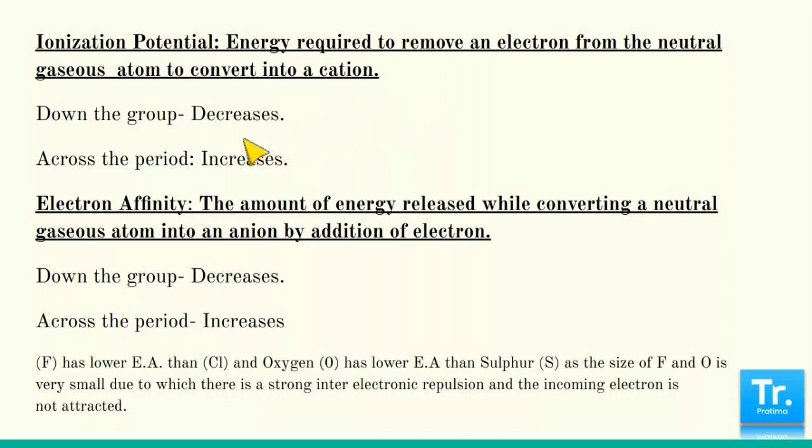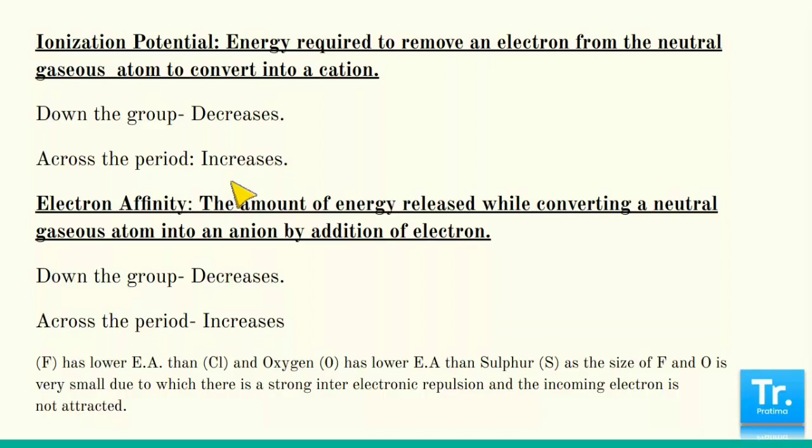Now when we talk about the trend down a group, the ionization energy decreases. Why? The atomic size is more, and the effect of atomic size overcomes the effect of increased nuclear charge. Across a period, the ionization potential, ionization energy, or you can even say ionization enthalpy, increases.